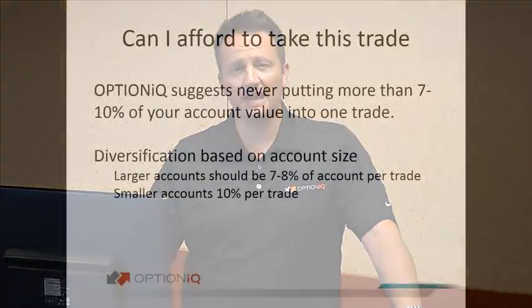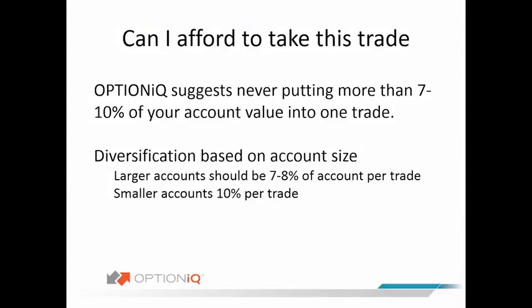Next question you're going to ask yourself when you're trying to take a new trade is, can I afford to take this trade? As a company, we suggest never putting more than about 7 to 10% of your trading account that you have utilizing the software into one trade. Essentially, we're splitting it up based on whether you have a large account or a small trading account.